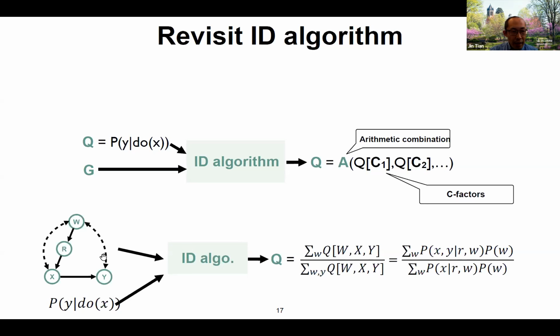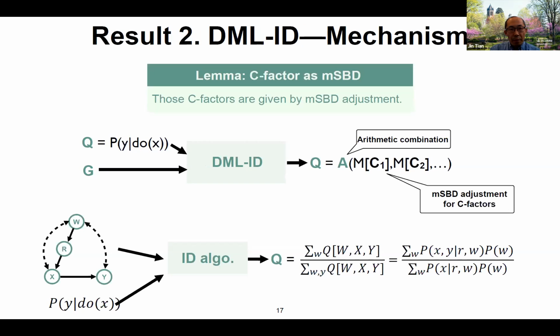For example, for this napkin graph, the ID algorithm will output this expression. In fact, this expression is obtained from this expression, where this is a C-factor over W, X, and Y, expressed as a marginalization and then a division. So this is our first observation.